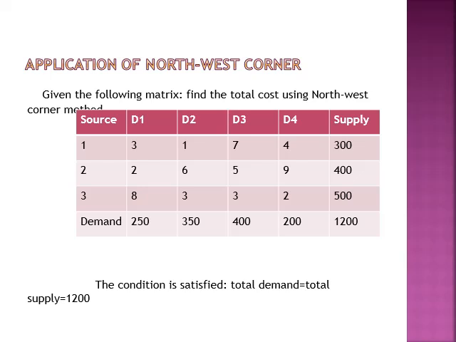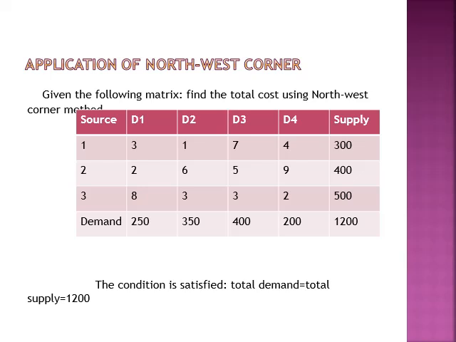Still D2 requires 300 units. Once we cancel source number 1 and market center number 1, we will move to the next row.